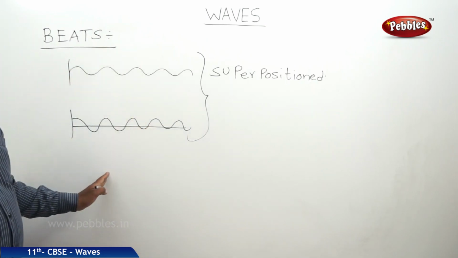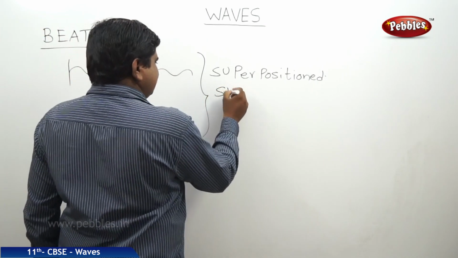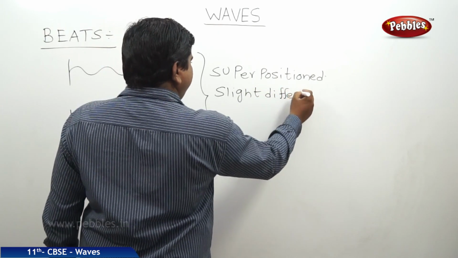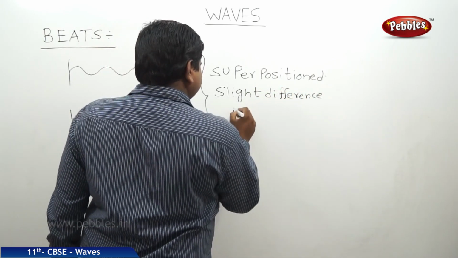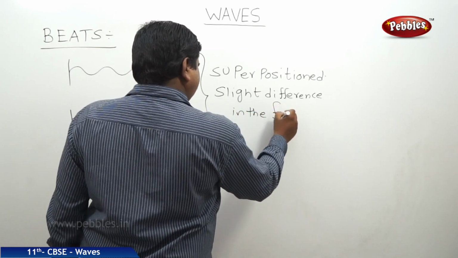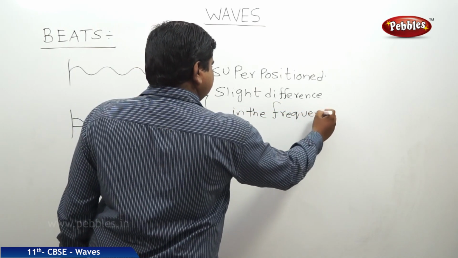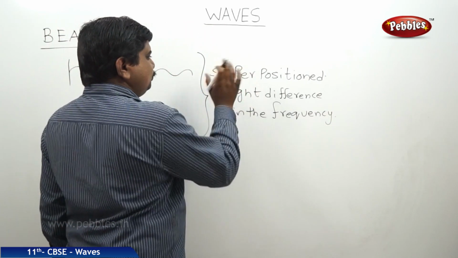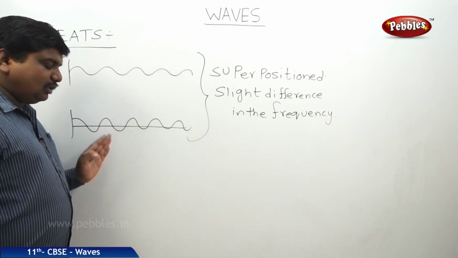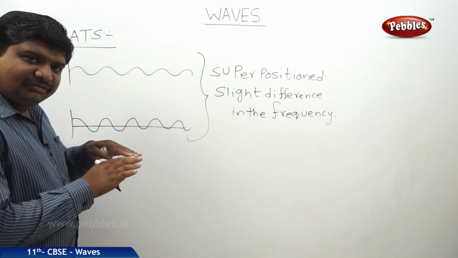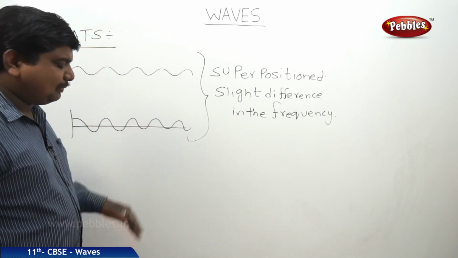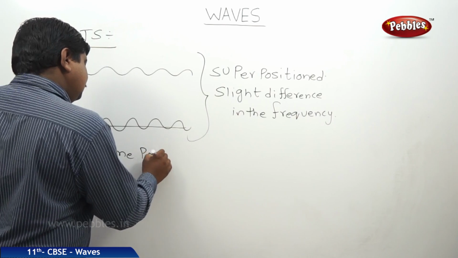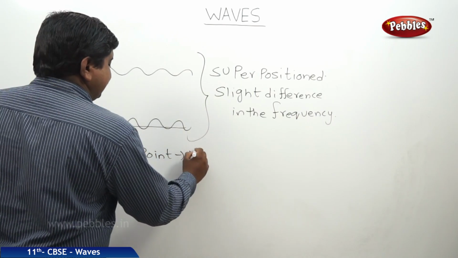When these two waves of slight difference in the frequency move along the same direction, superposed on each other, at one point they will interfere with each other. There the intensity is maximum. At one point, maximum intensity.